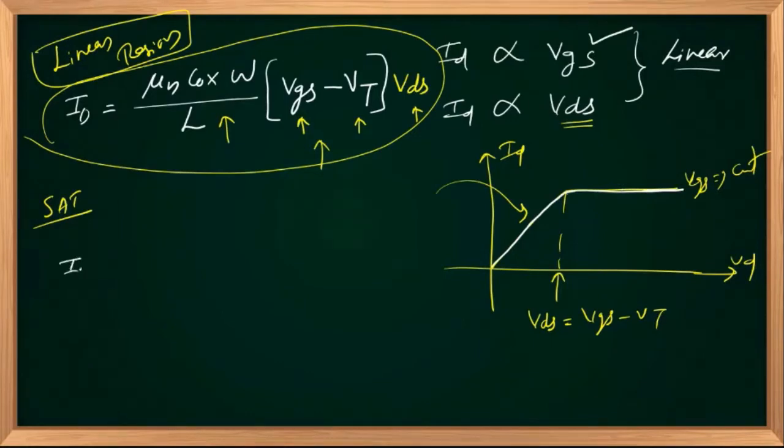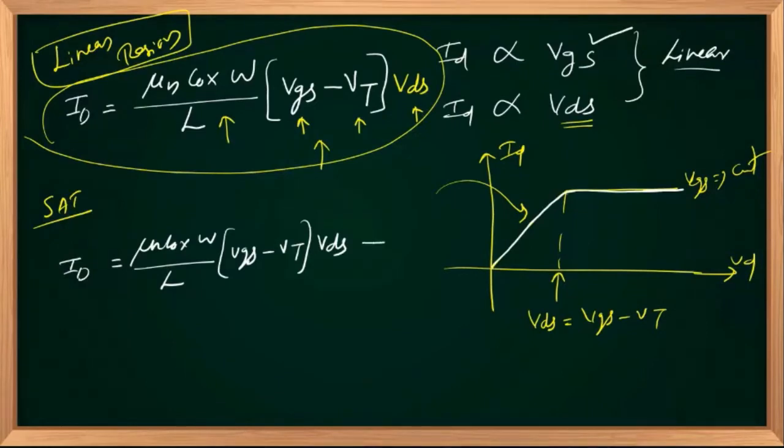That kind of behavior happens when mu n Cox W by L is as earlier, VGS minus VT as earlier, VDS as earlier, no change. Then the positive slope should become 0.